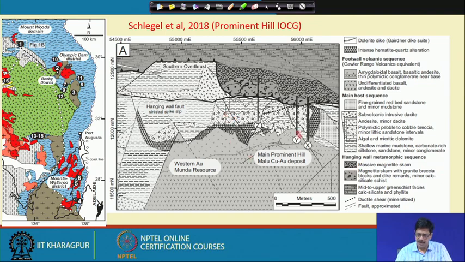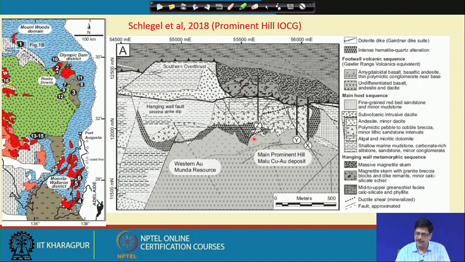So, here is the massive magnetite skarn, and this is the sedimentary horizon, the breccia, and these are the calc-silicate green schist rocks here. As usual, there are some structural complexities which helped the hydrothermal fluid that circulated.